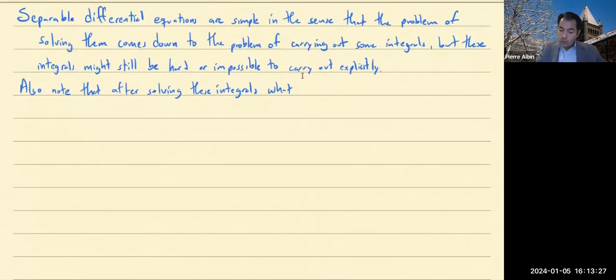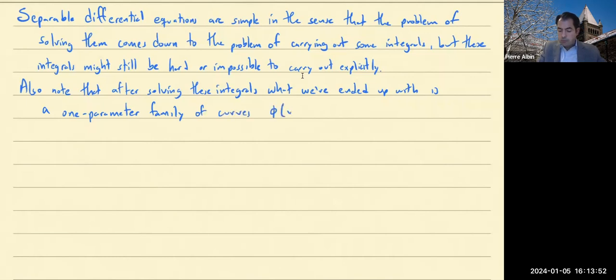Instead, what we've ended up with is a one-parameter family of curves. Some function, let's call it phi of y, t equals some constant, right? These we'll call the solution curves.